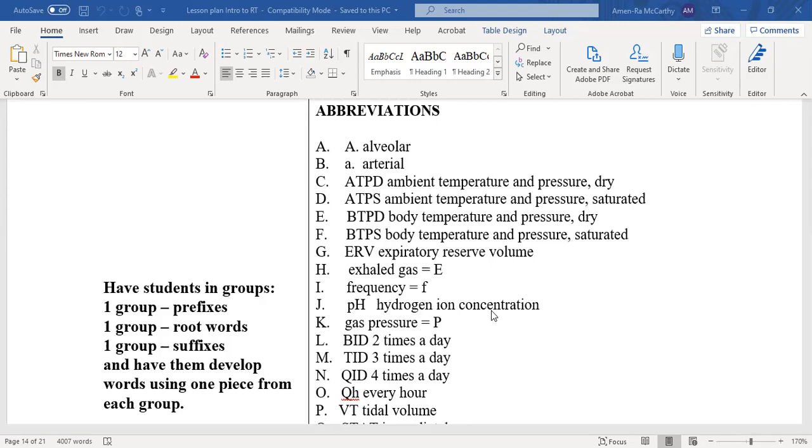The higher the ion concentration, the lower the pH. The lower the ion concentration, the higher the pH. And look at K. We said gas pressure was P. I was looking for that, I didn't see it, but there it is. P for pressure, also known as partial pressure.